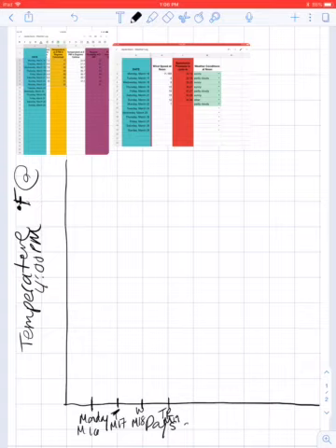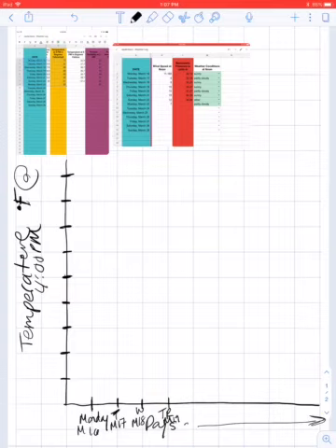If you can't get all your days in there, it's okay. Just do however many you can fit. As long as we get some data, we're good. Then I'm going to be graphing temperature, so I'm going to go through here and make these hash marks.